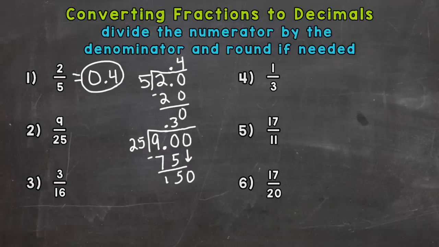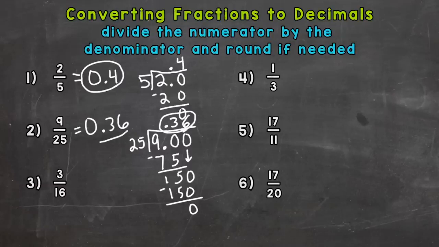And we can pull 6 whole 25s out of 150. 6 times 25 is 150, and we get that clean-cut 0, so we do not need to go any further. We are done. Our answer is 36 hundredths. So 9/25 is equal to 36 hundredths.